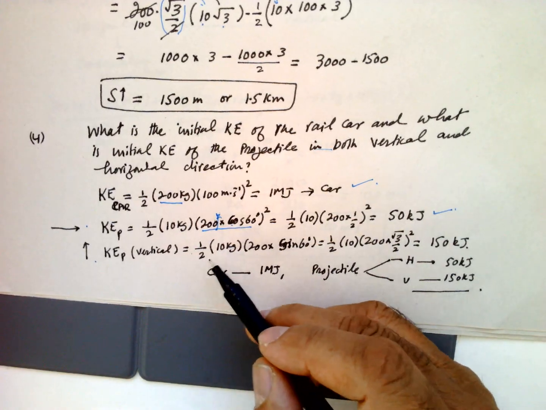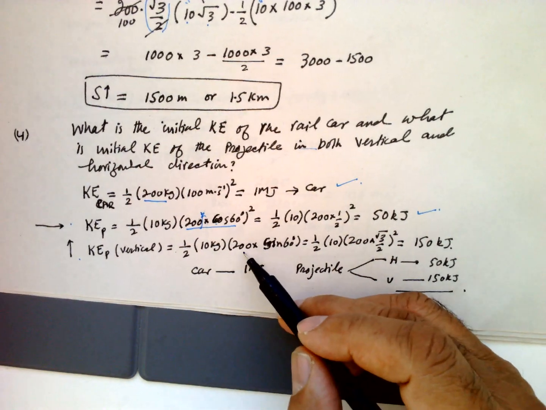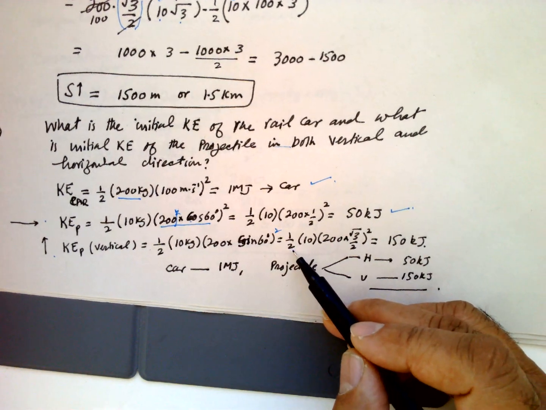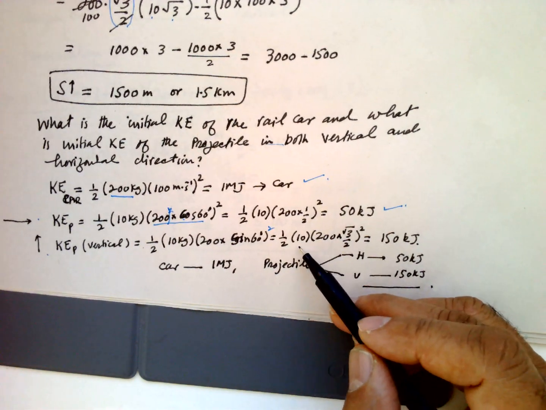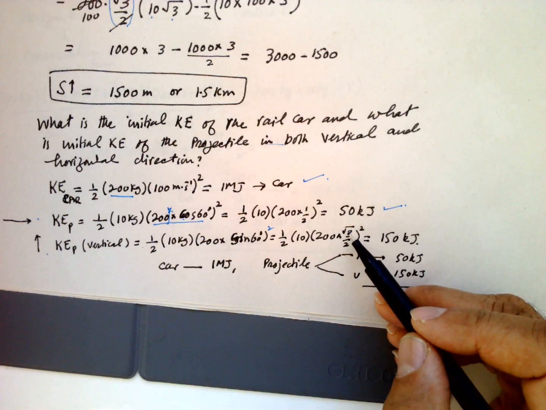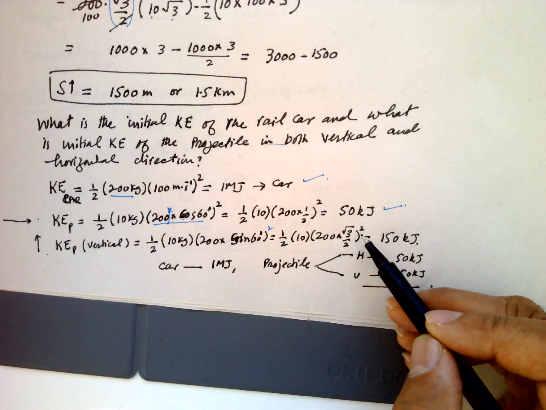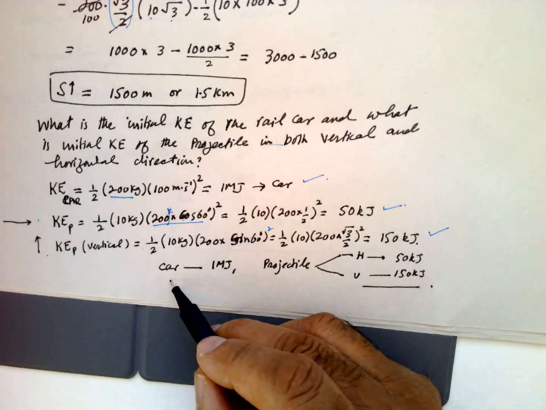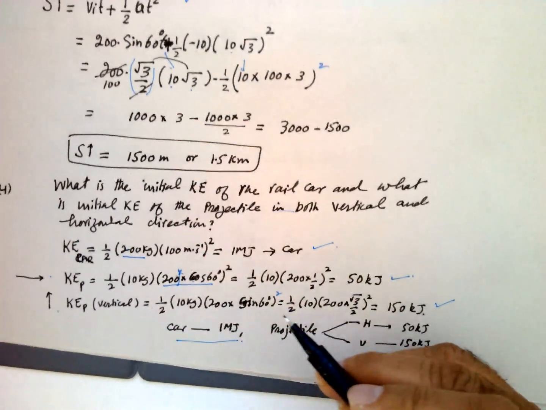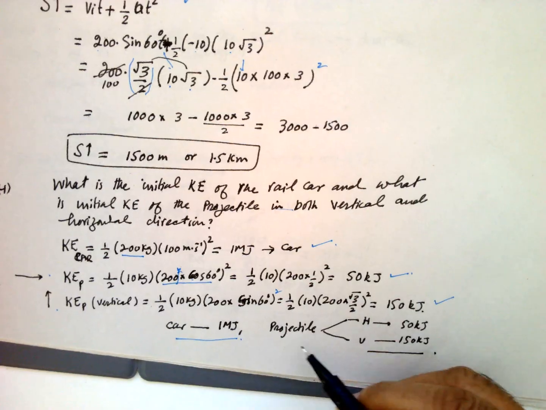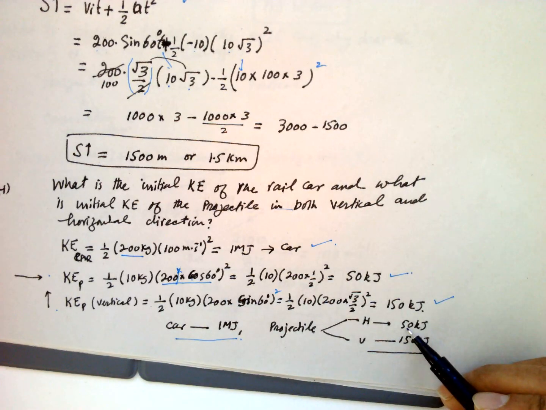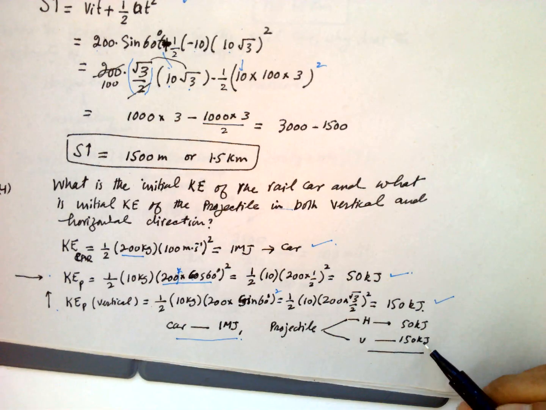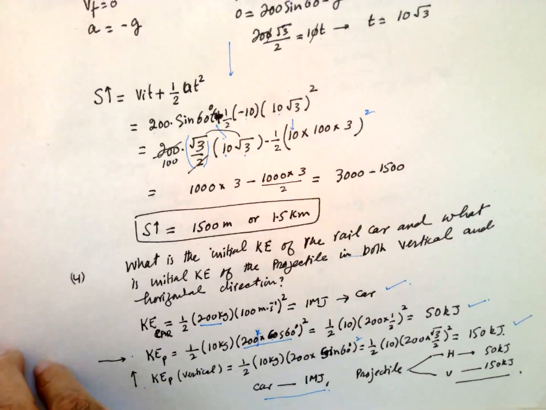Vertical is half into 10 kg multiplied by 200 sine 60 whole square, which is equal to 150 kilojoules. So the car has 1 megajoule and the projectile has 50 kilojoules horizontal and 150 kilojoules vertical, because of the small mass.